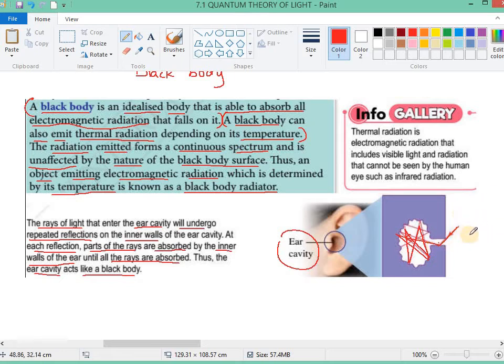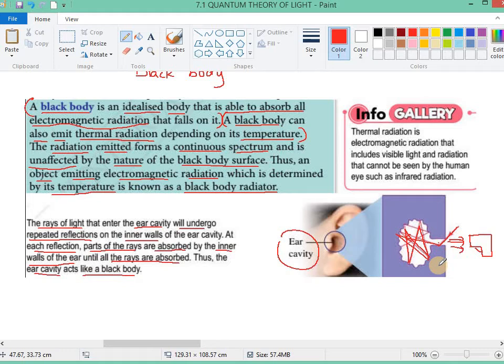However, when you use a radiation detector to detect whether the radiation comes out or not, you can detect radiation that comes out, right? Because inside the ear cavity is warm, higher temperature. The temperature is higher, so that means this ear cavity emits radiation.